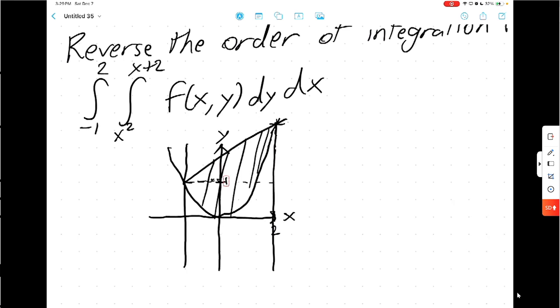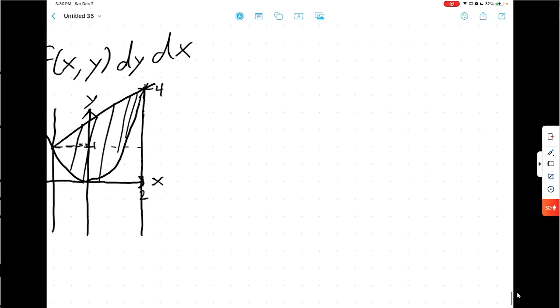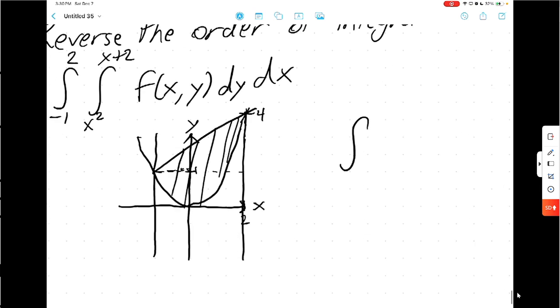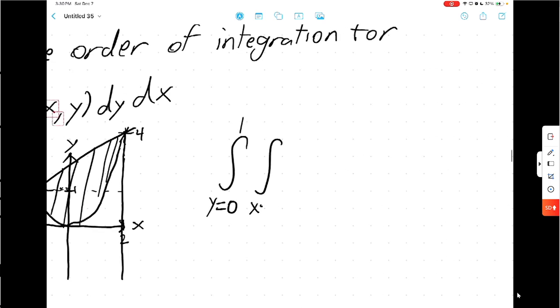This will intersect actually at about 4, because x squared equals x plus 2... because 2 plus 2 equals 4. And that's all we're going to have to do. So this becomes the integral, starting from y equals 0 to 1, we're going to have x go from negative the square root of y to the square root of y.